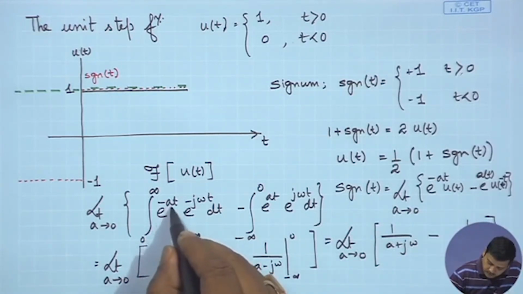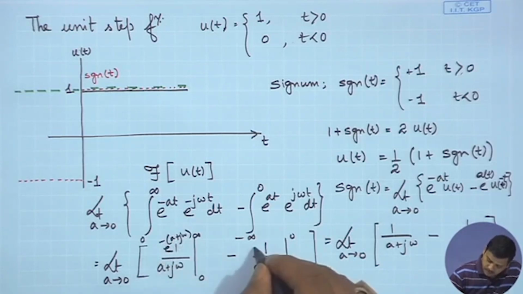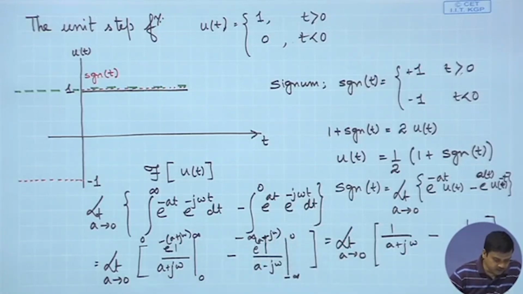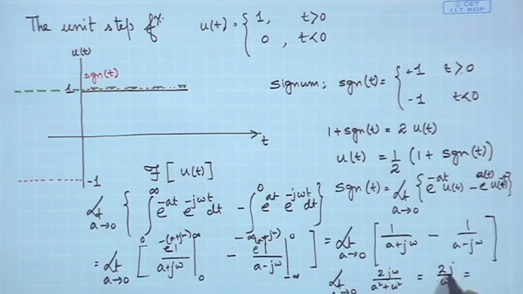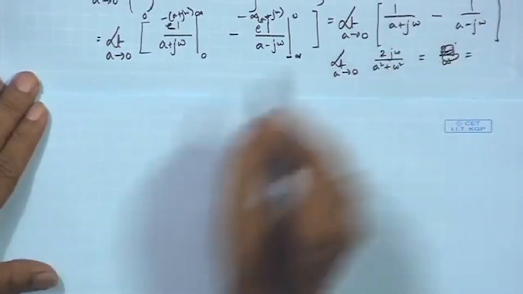If you put in the values, it works out to limit a tends to 0 of 2 j omega upon a squared plus omega squared, which works out to be 2 upon j omega, because a is equal to 0. Let's work this out.